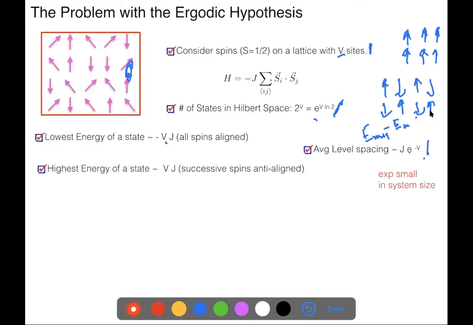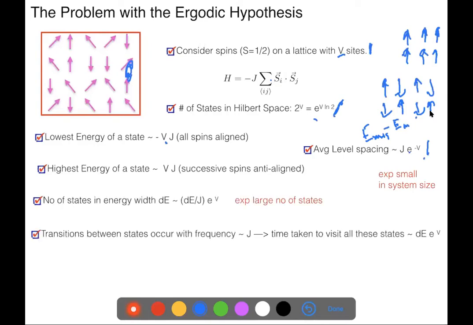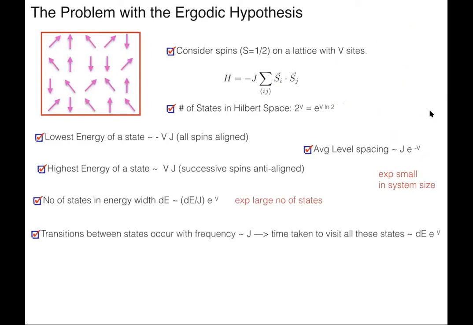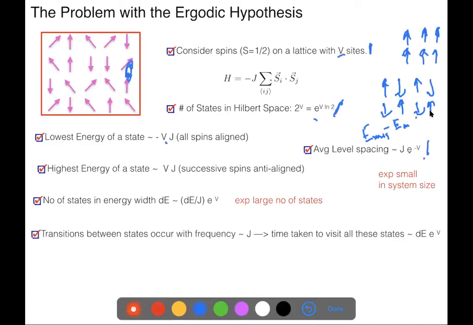They are exponentially close, the level spacing being exponentially small in the system size. As a result, you can ask how many states there are within some dE, and that will scale as exponential of the system size because you are going to divide by the level spacing.